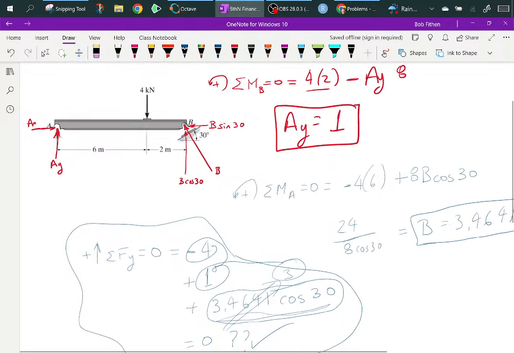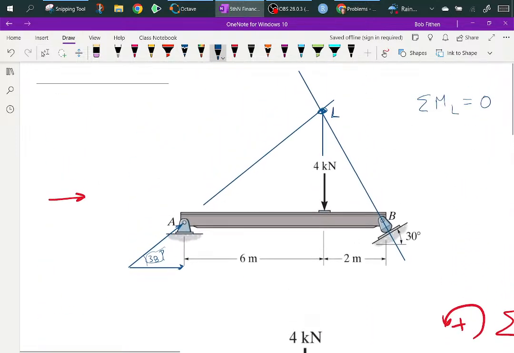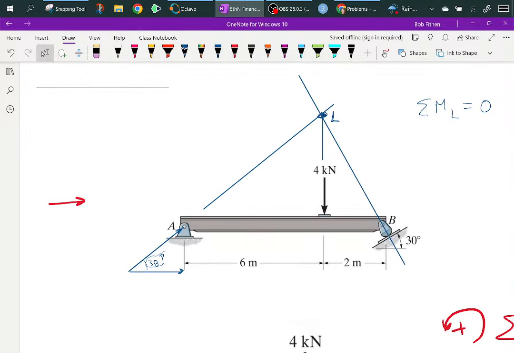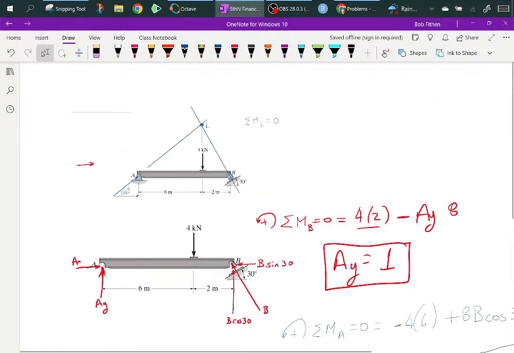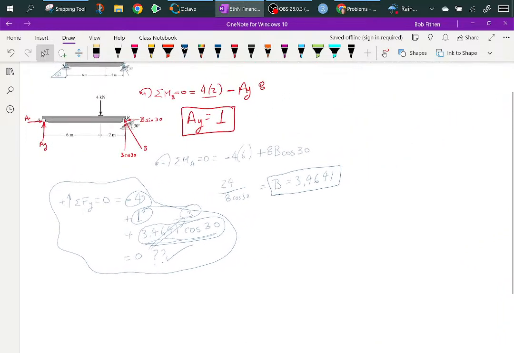Is there any other way to find A except to just sum the forces in the X? We could work on the geometry here and find it off of this, but it might take a little bit more effort now that I've already gone this direction. So I might be more inclined to just say, all right, I'll just sum the forces in the X direction, this being positive, equals 0.